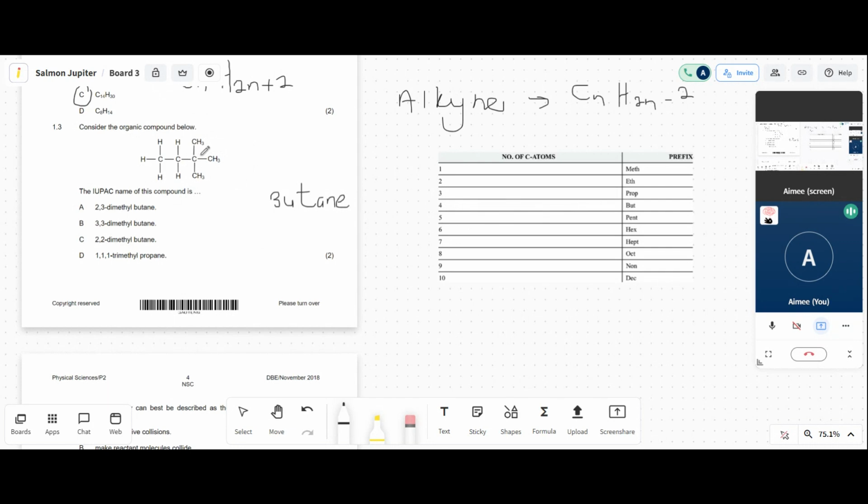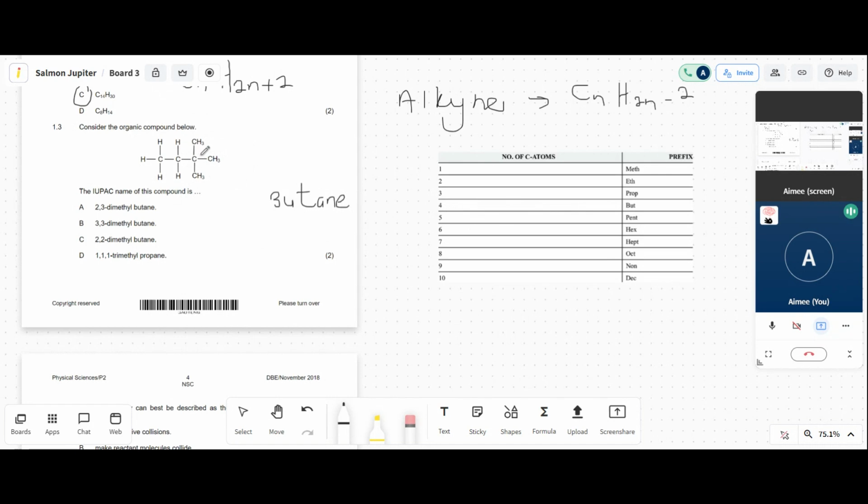So the question says, activation energy can best be described as the minimum energy required to A, cause effective collisions, B, make reactant molecules collide, C, change the orientation of reactant molecules, or D, increase the kinetic energy of reactant molecules.